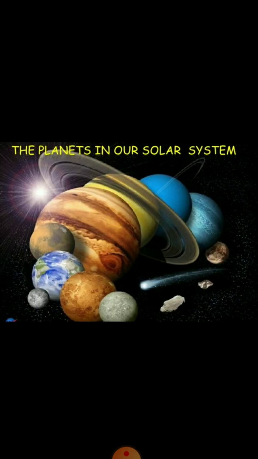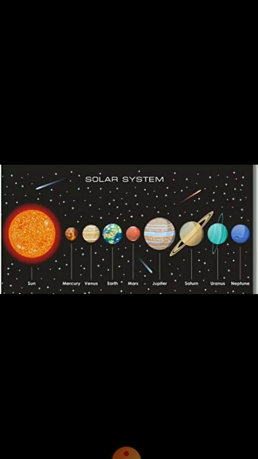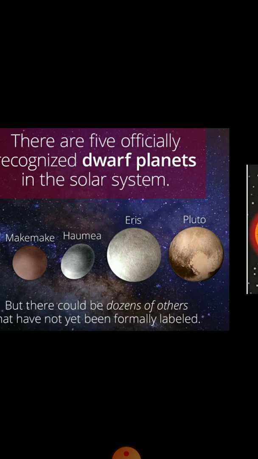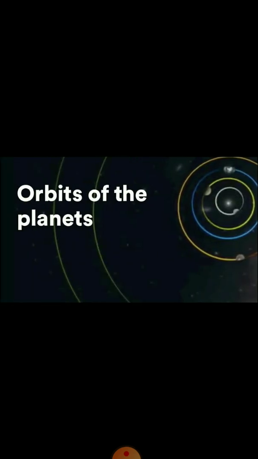Planets. In Greek, the word planet means wanderer. There are 8 planets and one dwarf planet in the solar system. These planets revolve around the Sun on their fixed orbits.